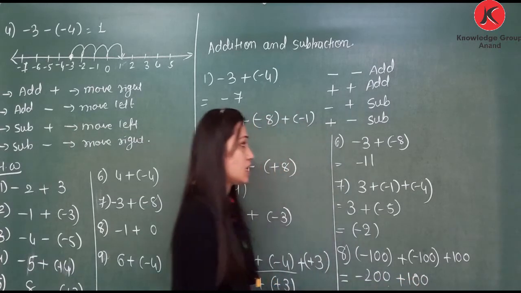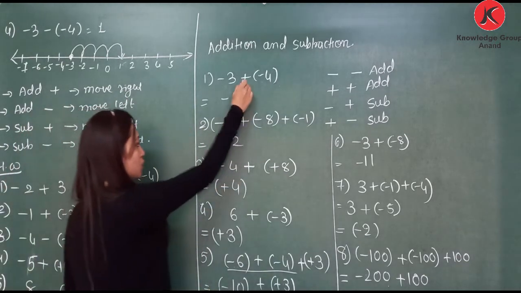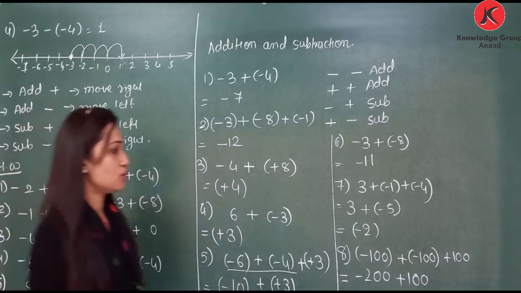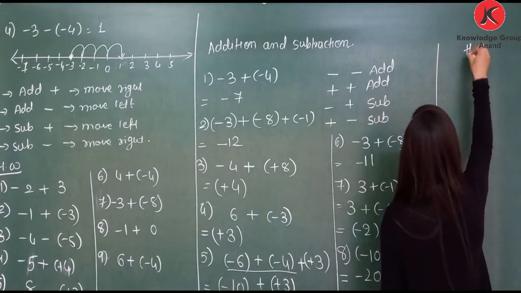Now you can see here we are only performing the addition. The sign between the integers is addition. Okay, so you need to solve some examples in homework about the addition.